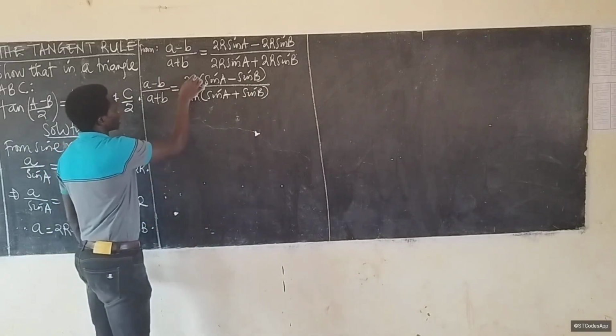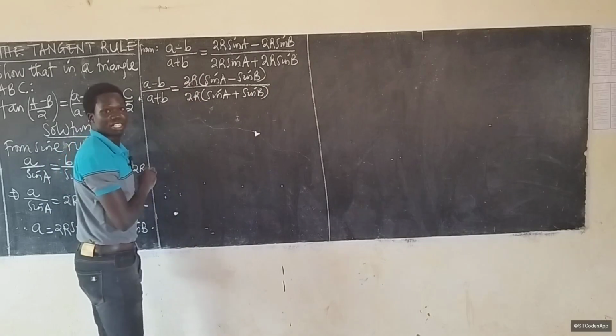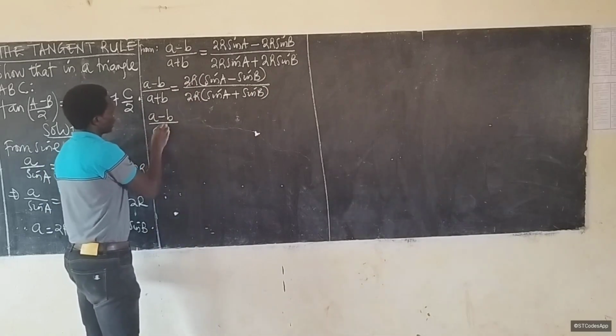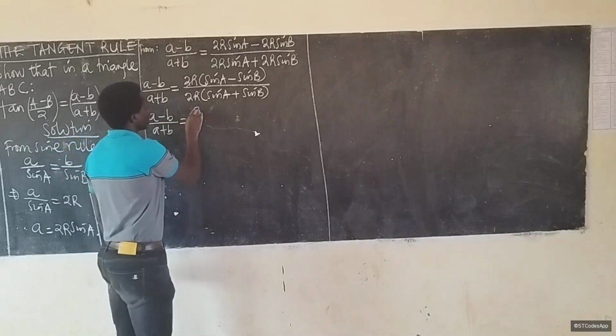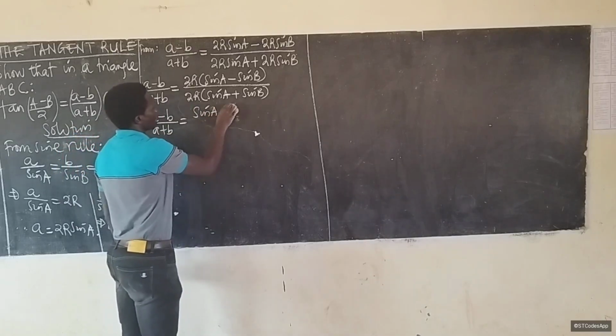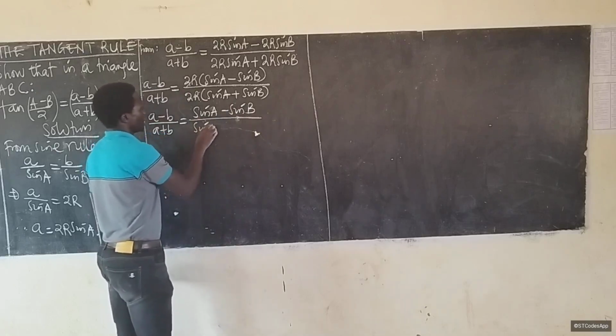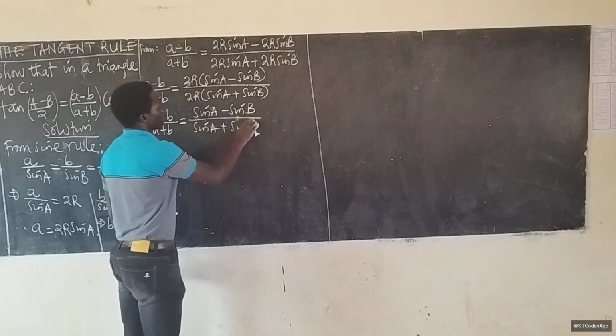So we shall have that a minus b out of a plus b will give me sine A minus sine B out of sine A plus sine B.